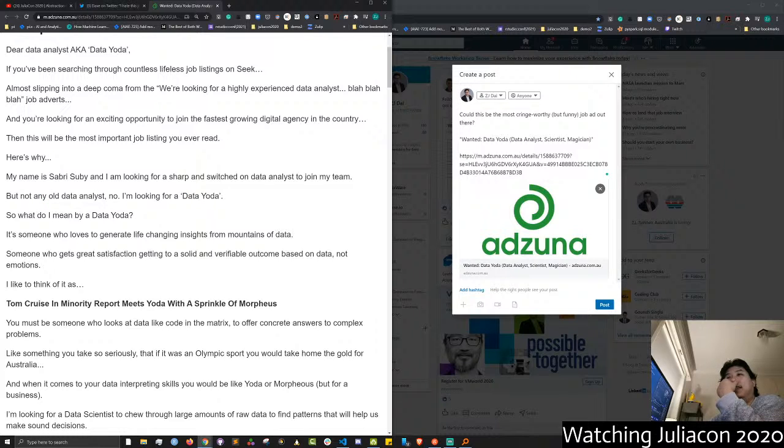Any old data scientist? Okay. No, okay. I don't think he means to be, is that a word? What's a word for holding prejudiced views about elderly people? Ageist or something, I don't know. It hasn't been a thing. He's looking for data Yoda.